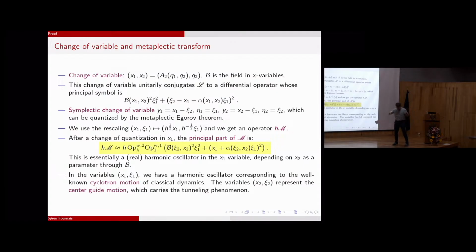Think of what you do in the right gauge with constant magnetic field: there the vector potential is just one of your coordinates. So I want to place myself in that situation, and I do that by that change of variables. Of course, since this is a change of variables, there are also some Jacobian terms that come in, so I cannot do it exactly, but it still sort of works.